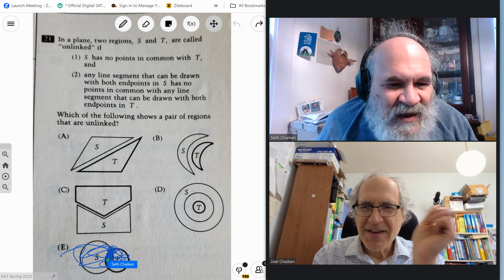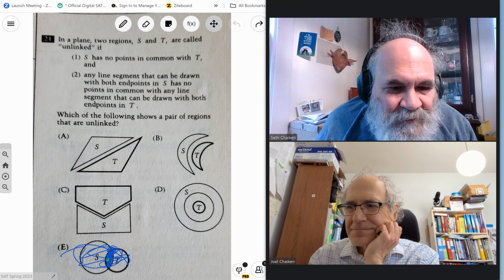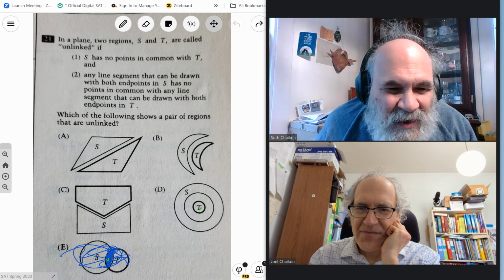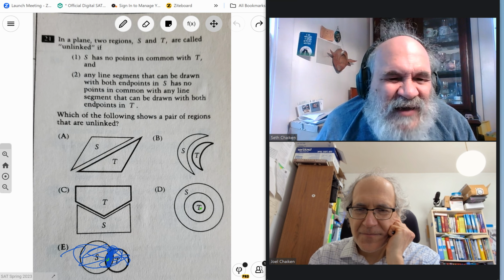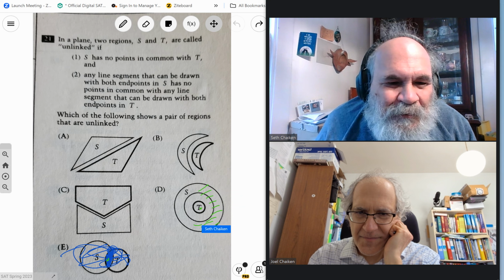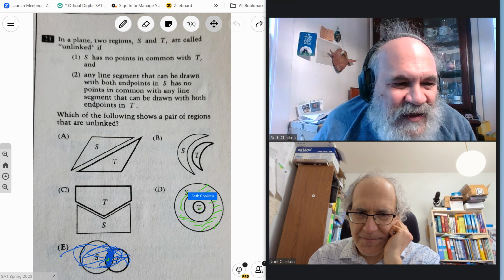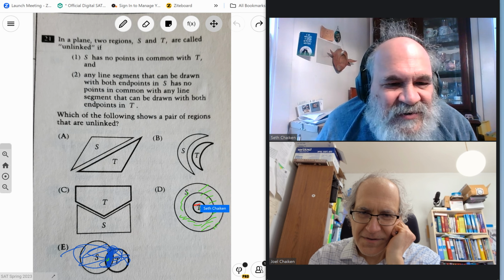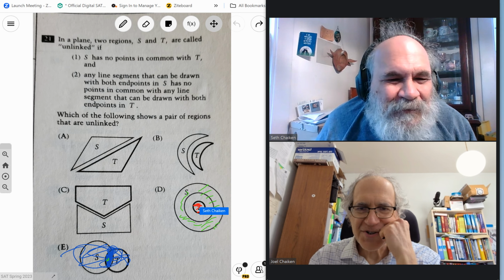E's off the table. And now, similarly, this one has one point in common. Is S this region? It's ambiguous. We don't know. And T is definitely the small region.